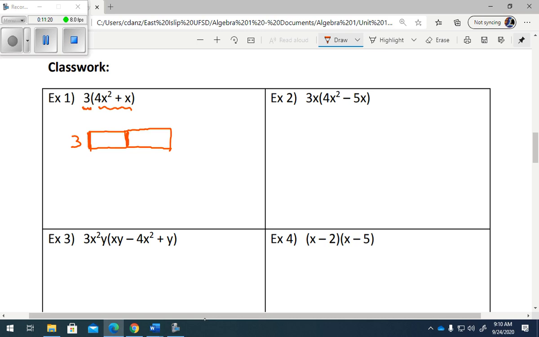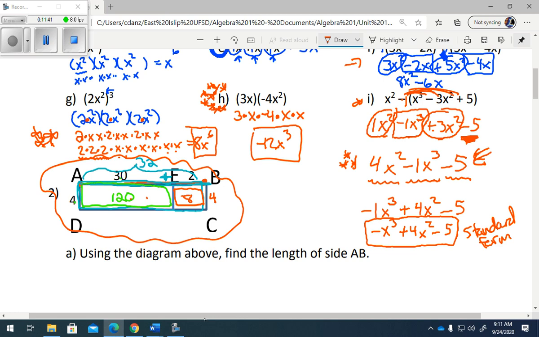This is just for visual purposes. I can make this first piece this 4x squared, and I can make this second piece the x. Because if I add them together, I get the whole length, which is 4x squared plus x. Right? Just like in this do now, this whole length is 30 plus 2.